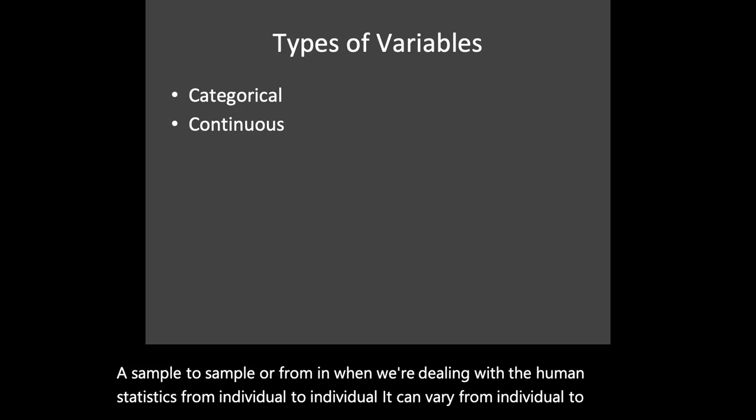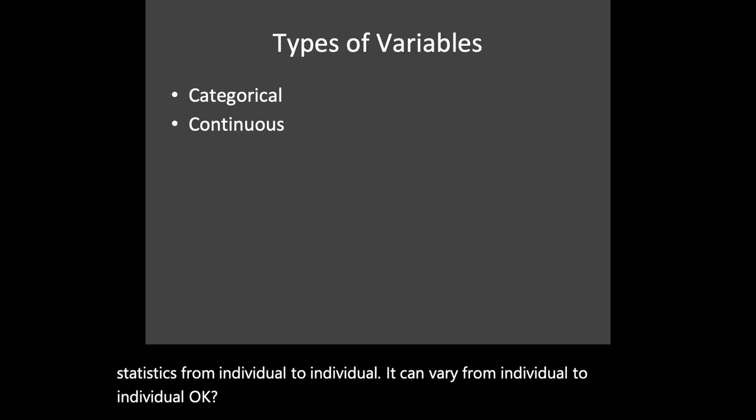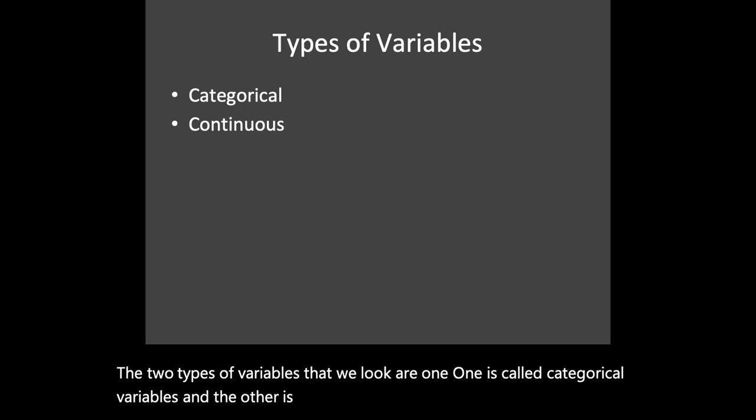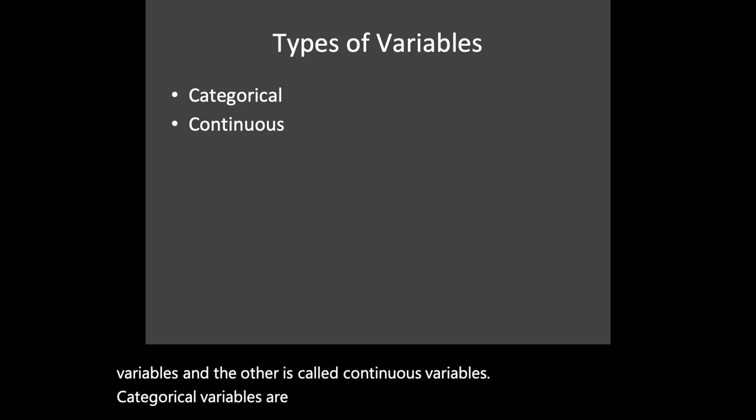Okay, the two types of variables that we look at are one is called categorical variables, and the other is called continuous variables.